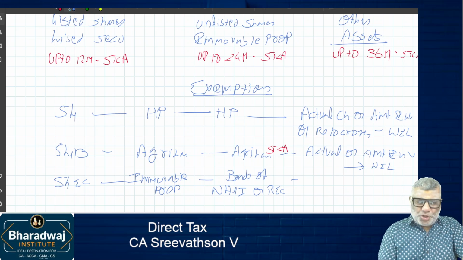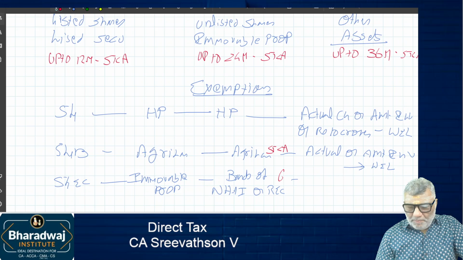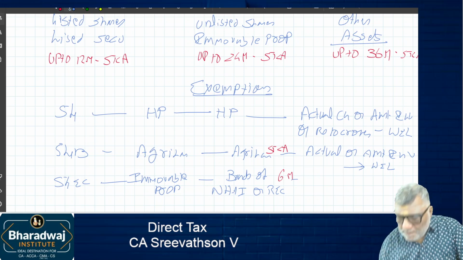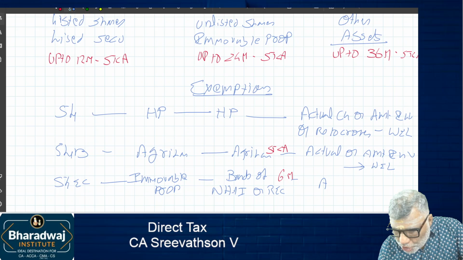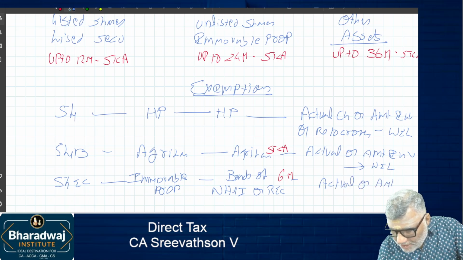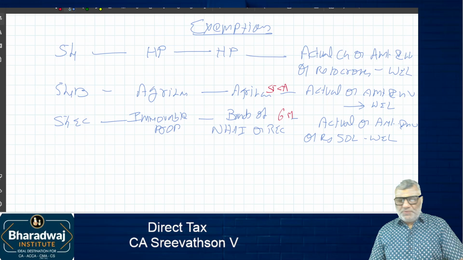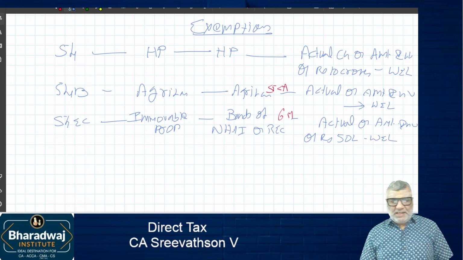In other cases, you need not worry about other things. But here alone, please be checking within 6 months. Actual or amount invested or rupees 50 lakhs, whichever is less.